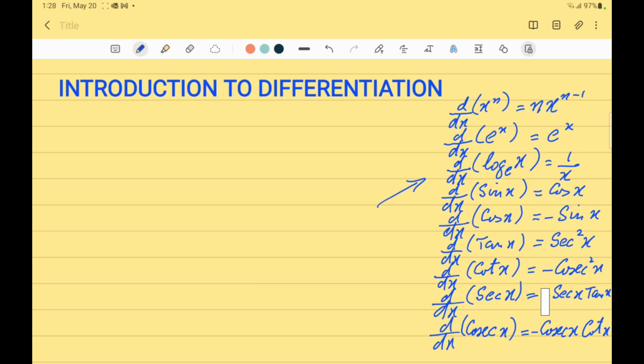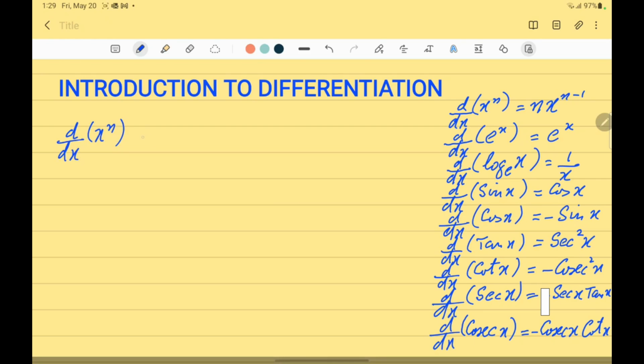So let us start with the basic formula of differentiation, which is as follows. d by dx of x raised to power n is equal to n, we will bring down, and then subtract 1 from the power of x.